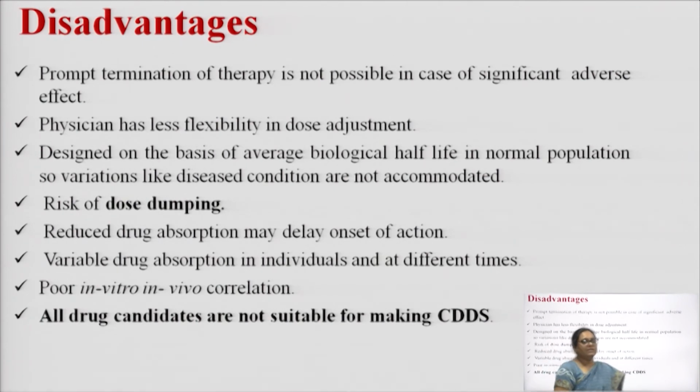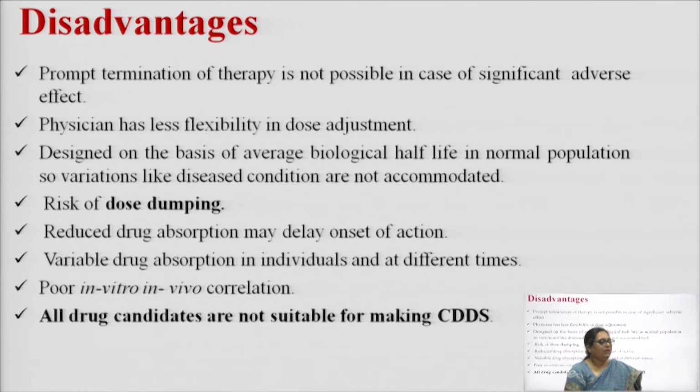Going on to the disadvantages, just like there are two faces of a coin, these controlled drug delivery systems have certain disadvantages also. Firstly, prompt termination of therapy is not possible in case of significant adverse effects. If we compare it with a conventional drug delivery system, if some adverse effects are observed with a drug, the drug administration can be immediately stopped and there can be prompt termination of therapy.